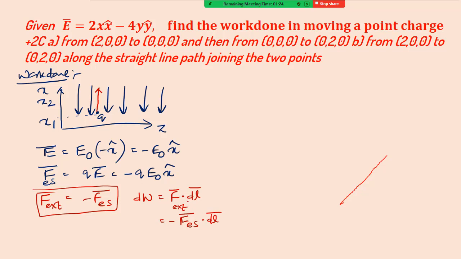We can discuss this also. For example, if you are moving opposite to the electric field, what is the angle between these two? 180 degrees. Whenever it is 180 degrees, the cos function takes the maximum value, -1 or +1, and maximum work can be done. But when you are traveling perpendicular to the already existing field, moving like this while the existing field is like this, what is the angle?